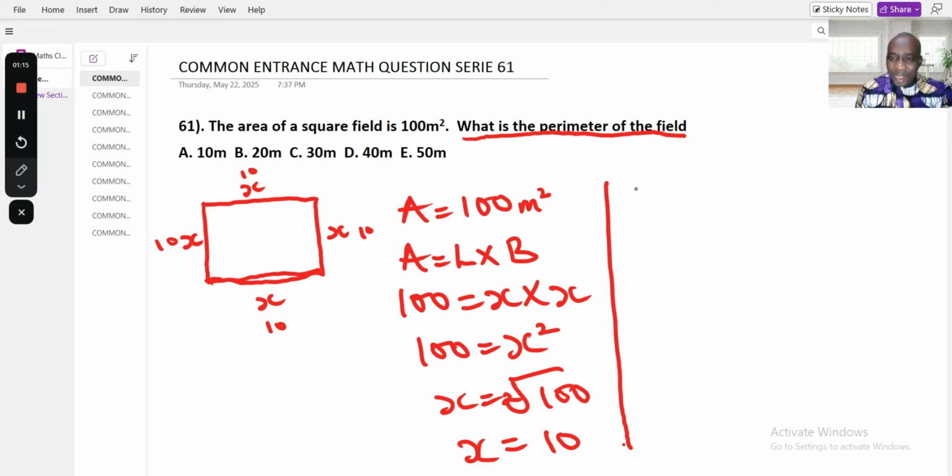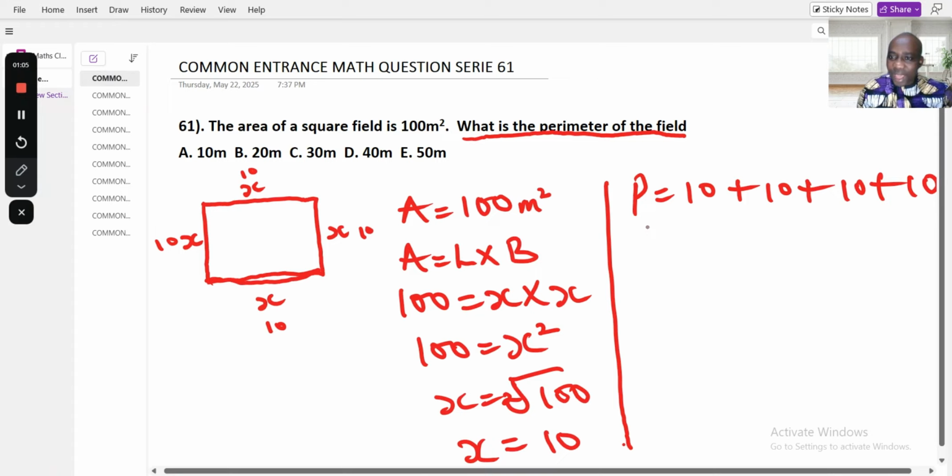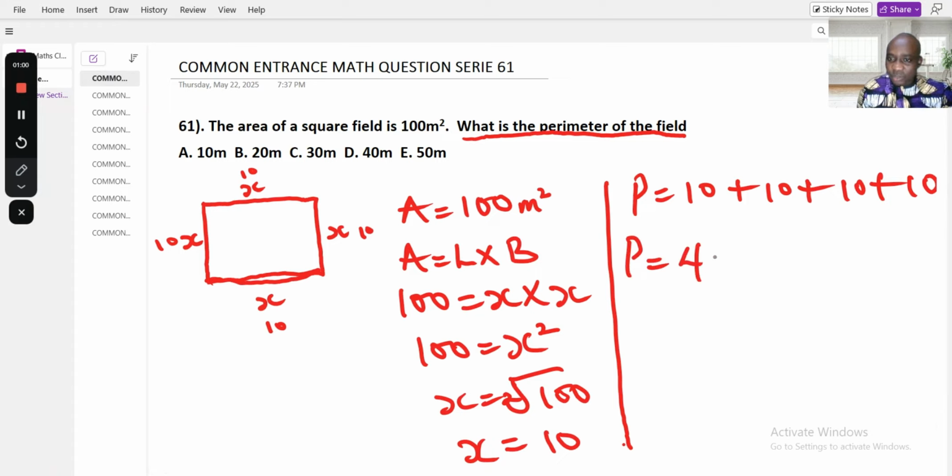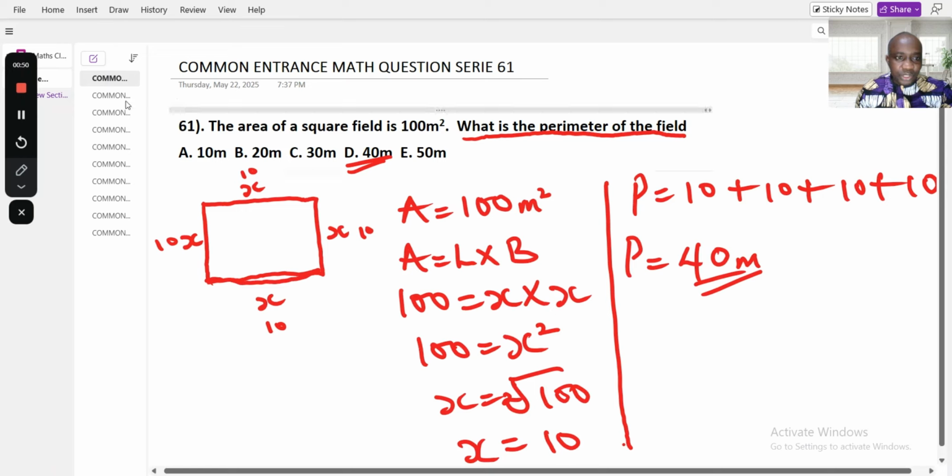Therefore, our perimeter equals 10 plus 10 plus 10 plus 10, because a square has four sides. The total of our perimeter is 40 meters. Do we have 40 there? Yes, number D. That's the answer.